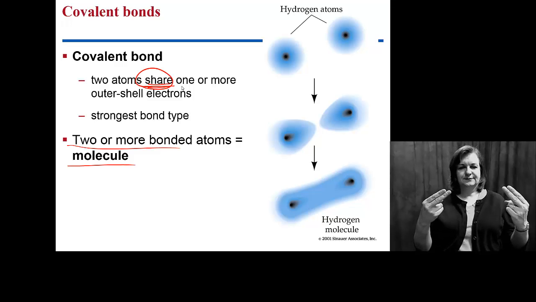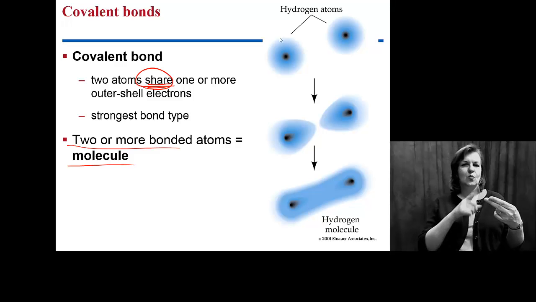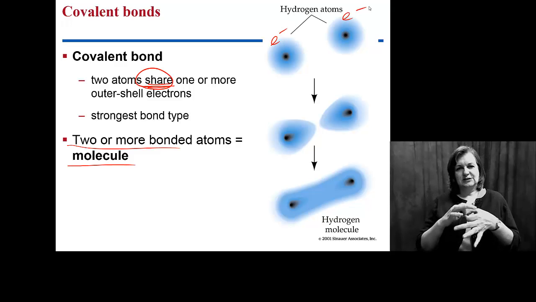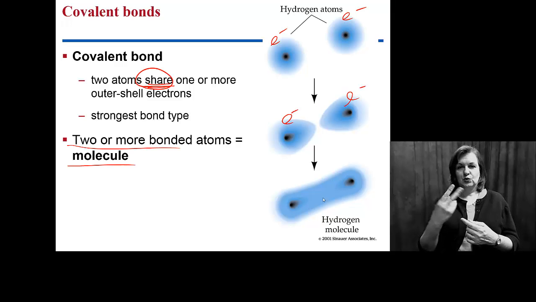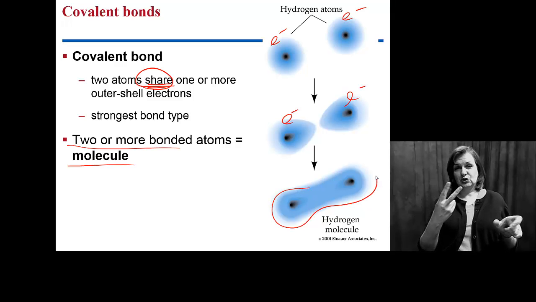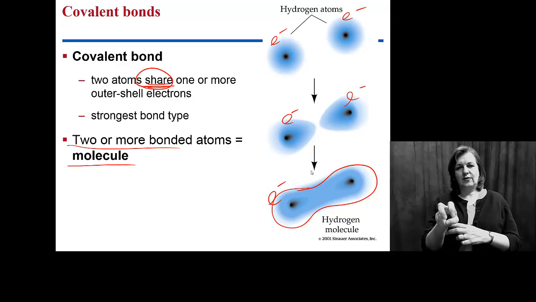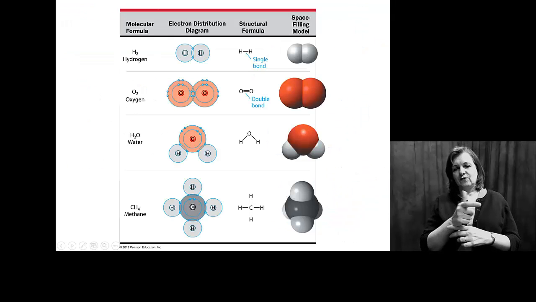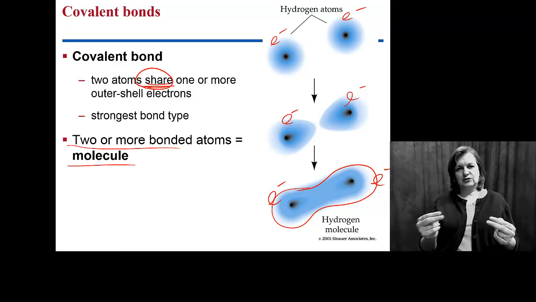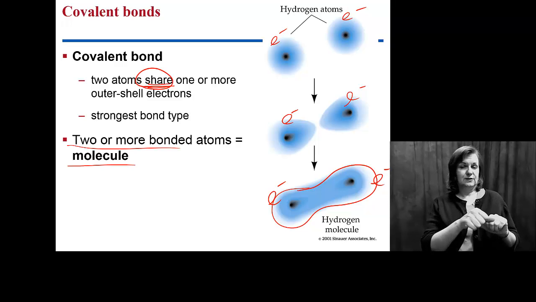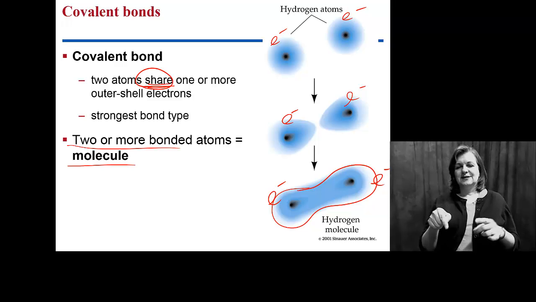So if we take 2 hydrogen atoms, we said before hydrogen's got 1 electron, we put them together, the electrons come together, and we've got 2 hydrogens here, but we've got 2 electrons now running around the outside.